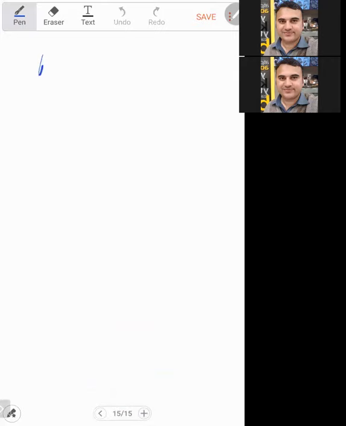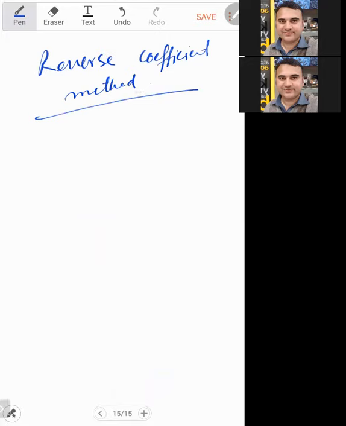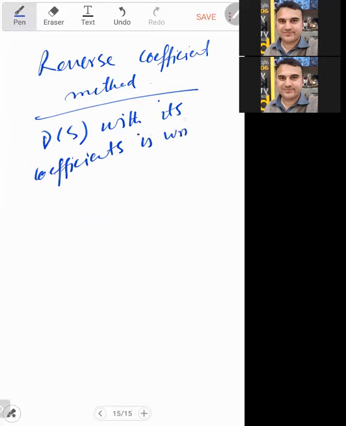This method is called the reverse coefficient method. In this method, the original denominator polynomial D(s) with s coefficients is written in reverse order.